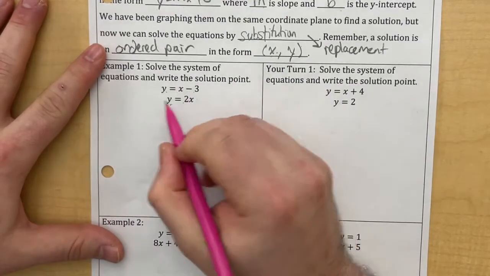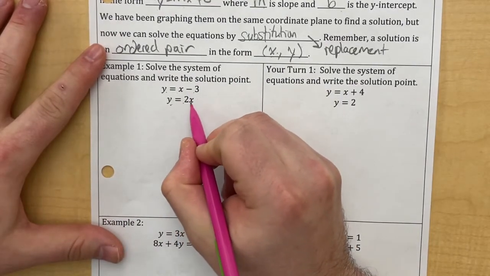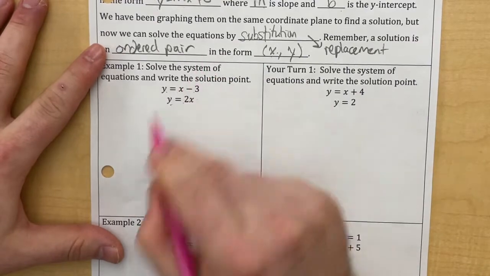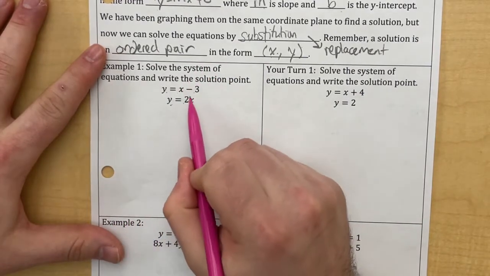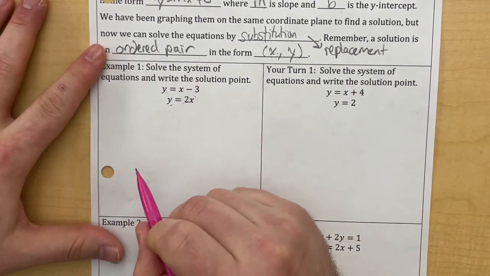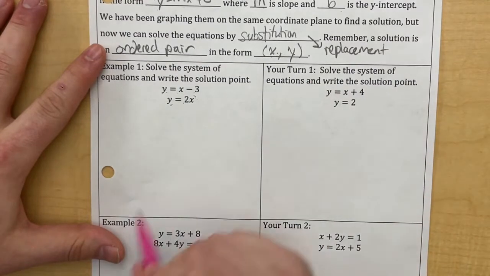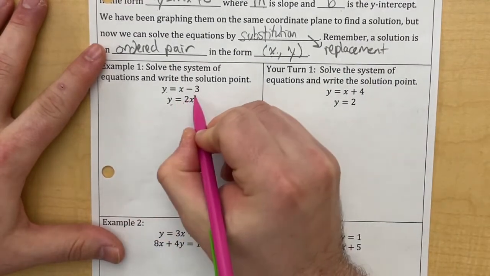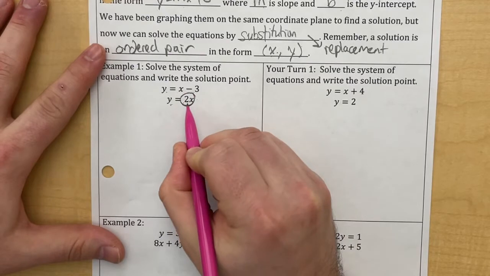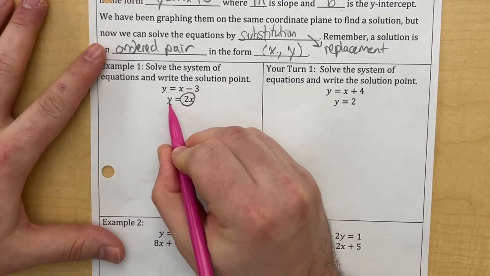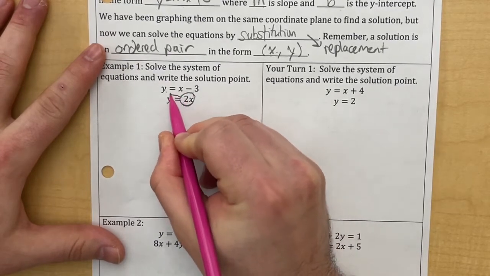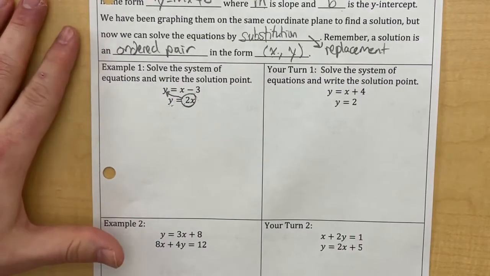Since they're both in the form y equals mx plus b, I can plug in this value. I can take this value of 2x. It's saying y equals 2x, so I can plug it into that first equation.